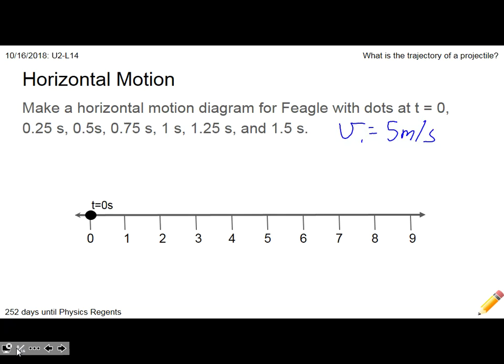All right, and my other hint is at 1 second, it's going to be at 5 meters. Can you see why? Why would it be at 5 meters after 1 second? And at 1 second, it would be at 5 meters. Can you see why?